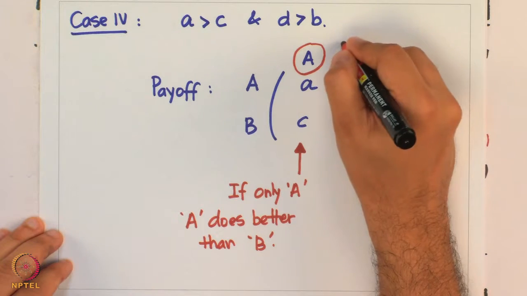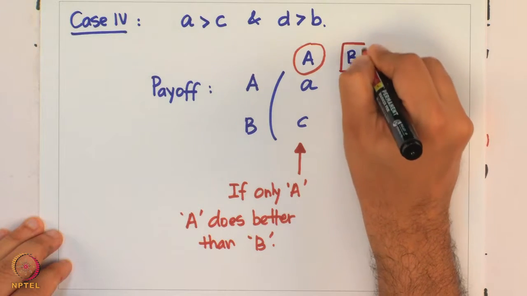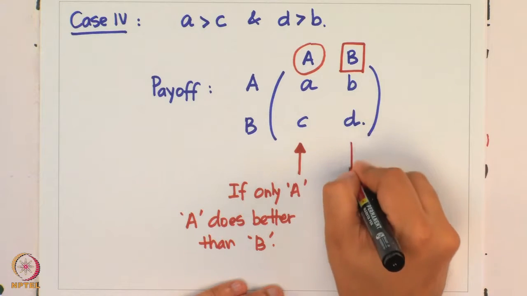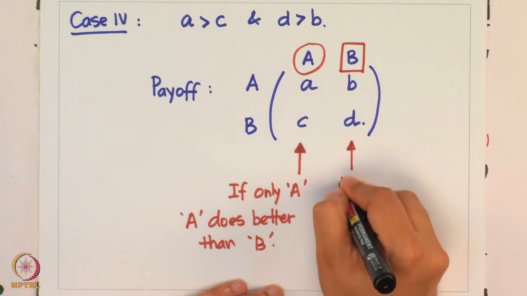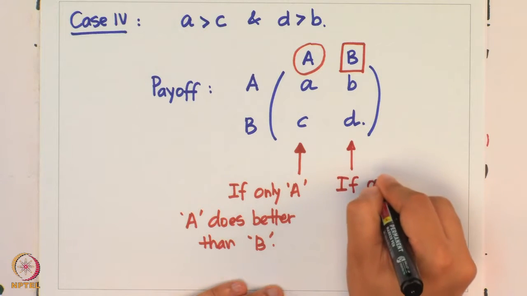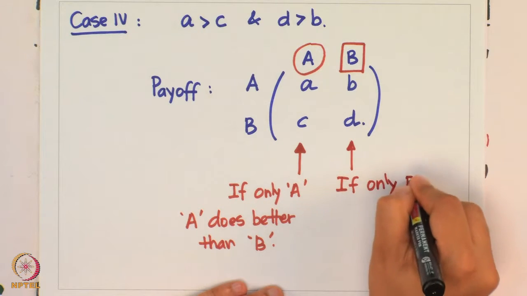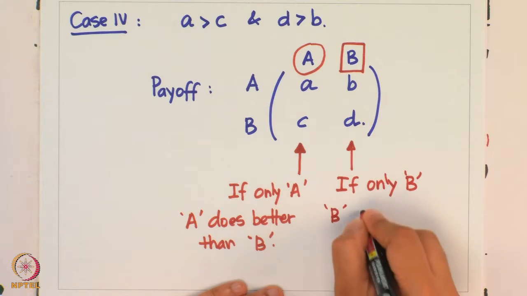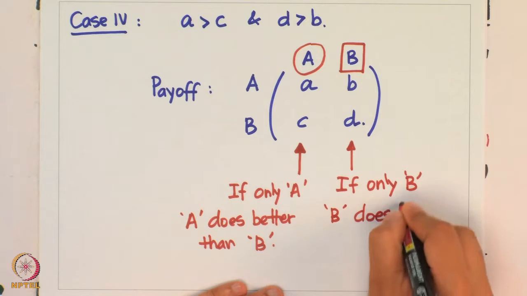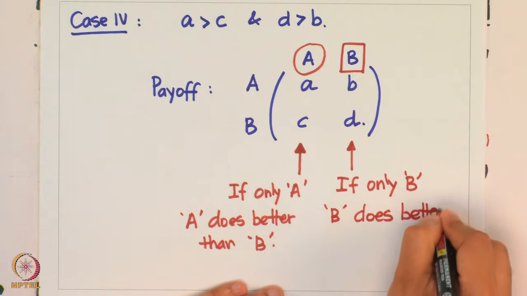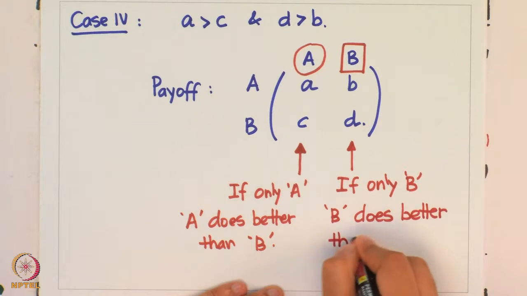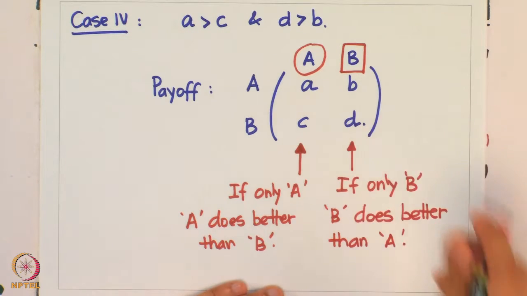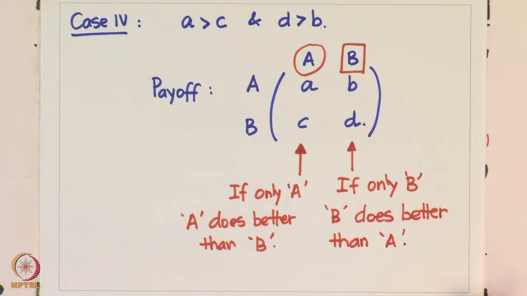But on the other hand, if you are growing in an environment where there is all B's, then the converse holds true: if you are growing in only B, then B does better than A, and that is because D is now more than B. So, what does that tell us?